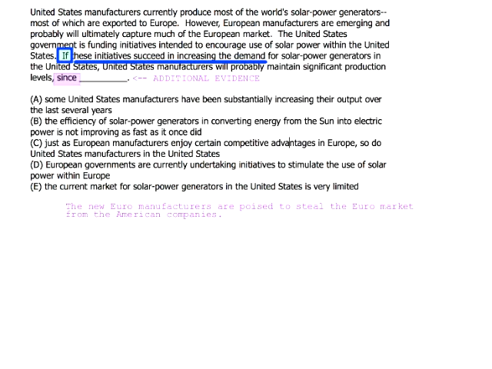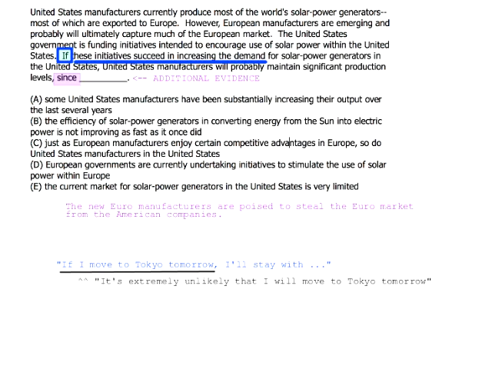But if I say something like, if I move to Tokyo tomorrow, I'll stay with my friend so-and-so who lives there, then no matter how likely or unlikely this is, it makes no difference. In other words, even if someone says it's extremely unlikely that I will move to Tokyo, that's not an objection to this. That's the point. It makes no difference at all, because we're only considering what happens if I do.